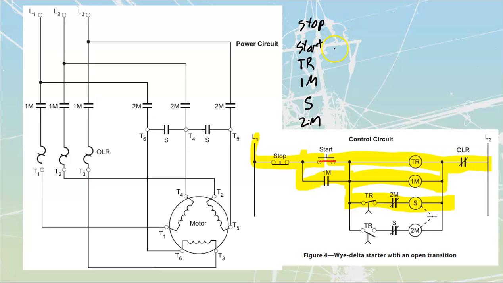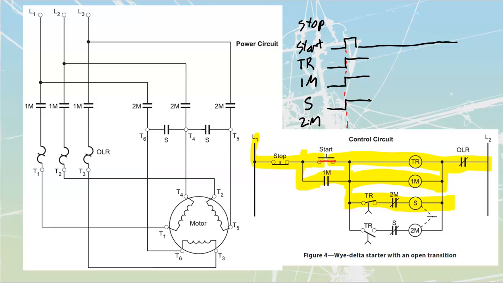So at the instant that I apply my start, just do a quick little button press over here, put a dotted line down here, it is going to cause my TR, so I press this, TR is going to go high, as well as my 1M is going to go high, as well as my S is going to go high.